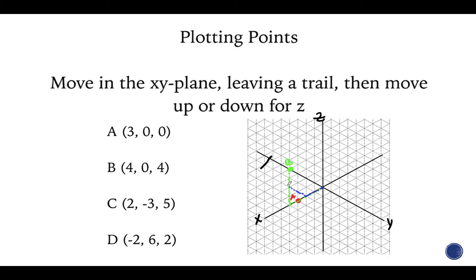There's 1, 2, 3. So you can see how I've now moved in the XY plane. All right. And now I want to move 5 units on the Z plane. So that's following this line. I'm going to move up 5 units. 1, 2, 3, 4, and 5. And this would be point C.